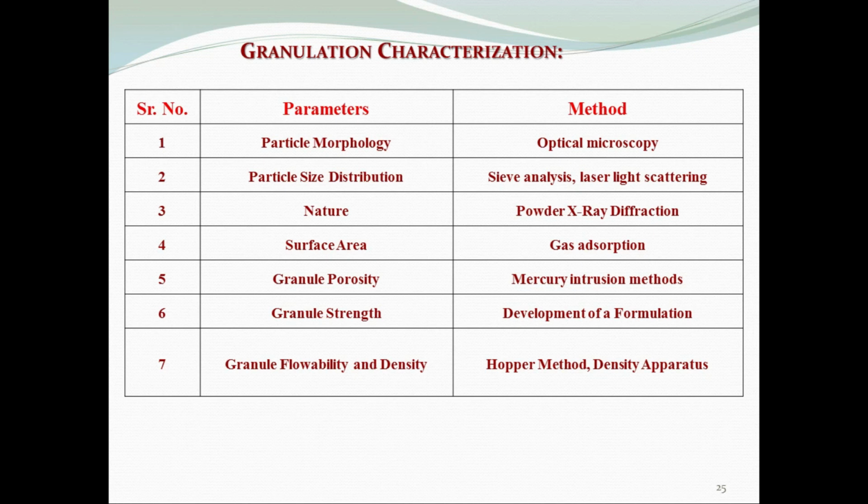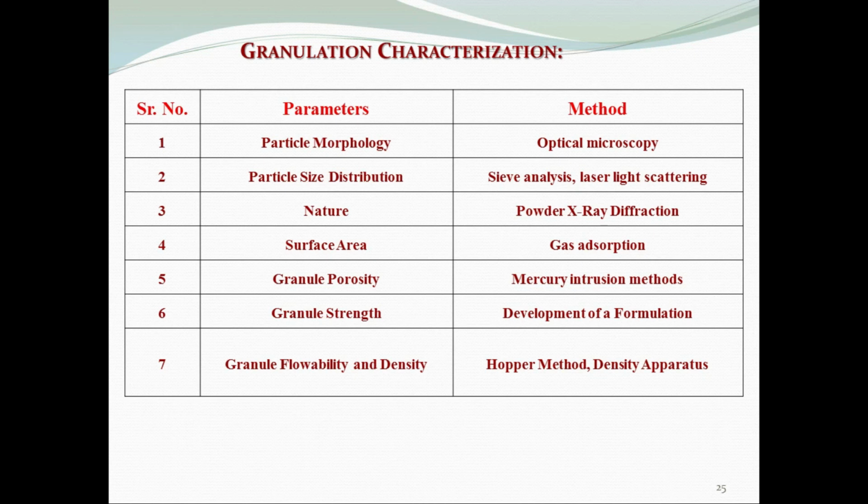Then granule porosity, for that we are using the mercury intrusion method. Then granule strength, which comes with development of formulation. By developing a formulation you will come to know the granule strength. Then granule flowability and density. The hopper method means simply the angle of repose method that we can do.